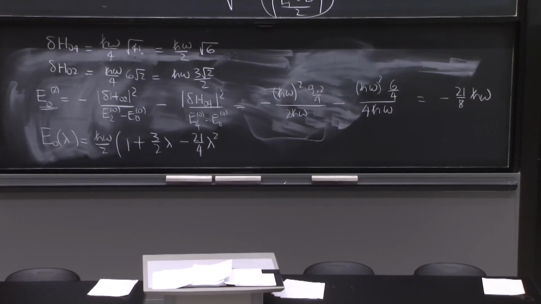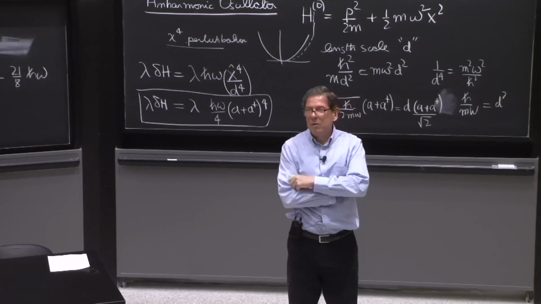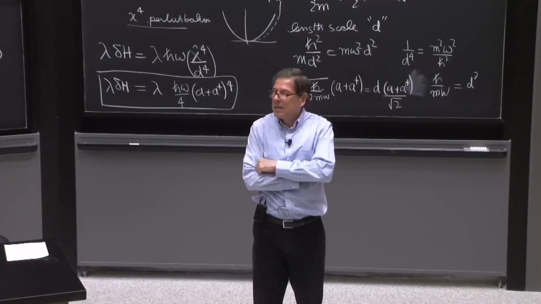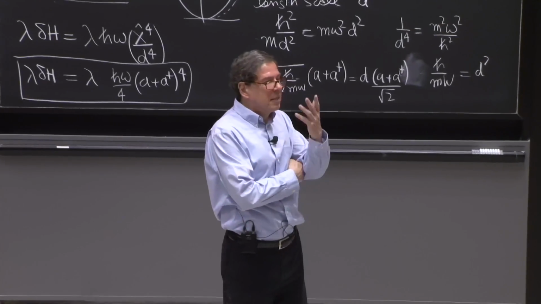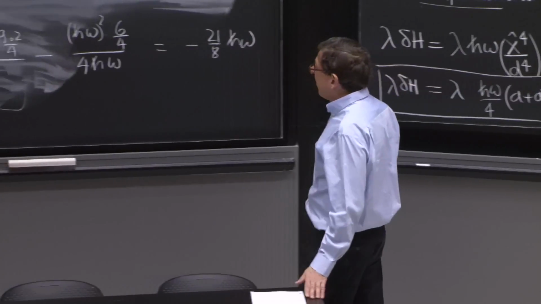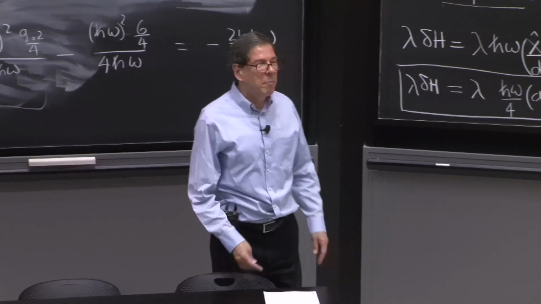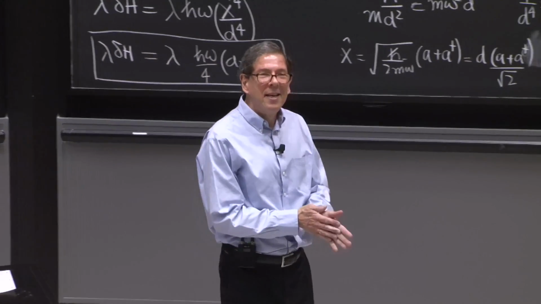Now, this is not really trivial. There's no analytic way to solve this problem. Nobody knows an analytic way to solve this problem. So this is a nice result. It's so famous, the problem, that people have written hundreds of papers on this.